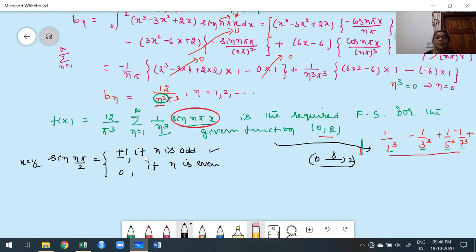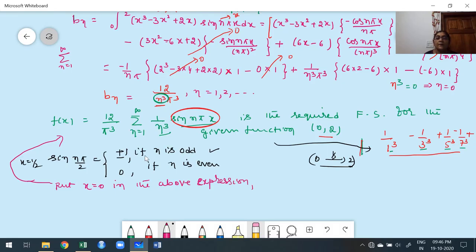Therefore, what we are going to do here: put x is equal to half in the above expression.